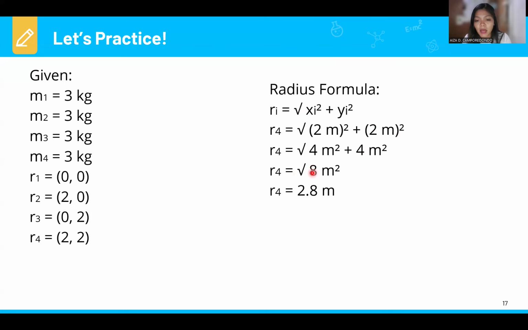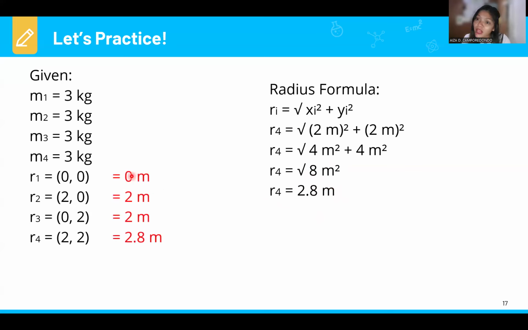And since we have 8 meters squared, we still need to apply the square root, which cancels the square. So we are left with 2.8 meter. This is the value of the radius for particle 4.